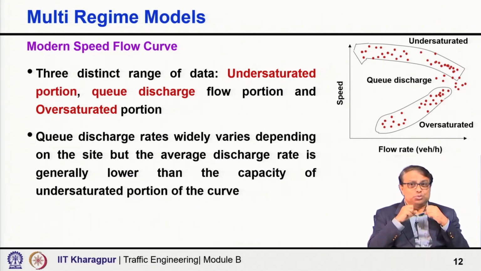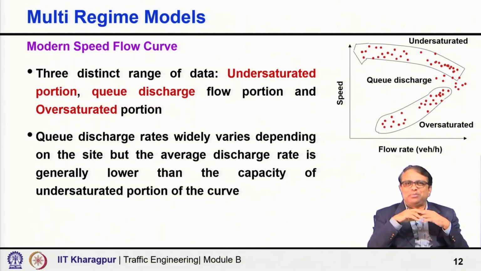So, there is no queue, all the vehicles are able to pass through, but then the moment the demand is more, the queue is formed immediately upstream of this bottleneck, even though the capacity is higher there, but the queue formation will happen immediately.